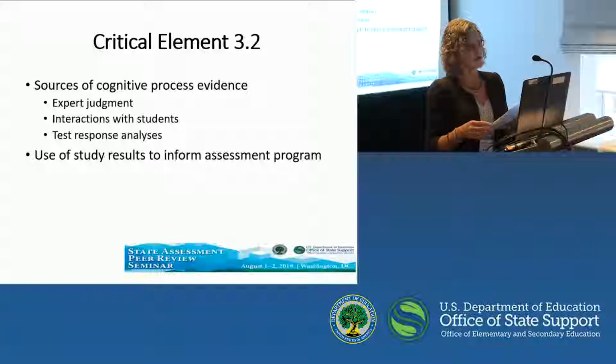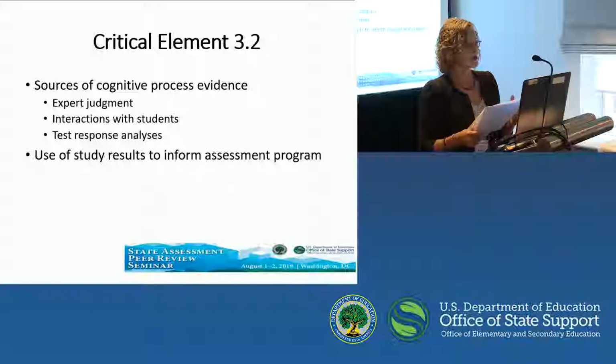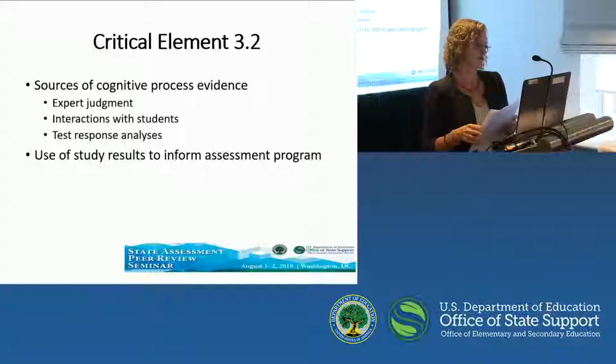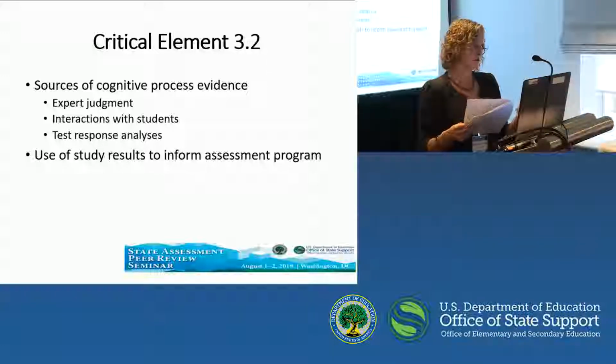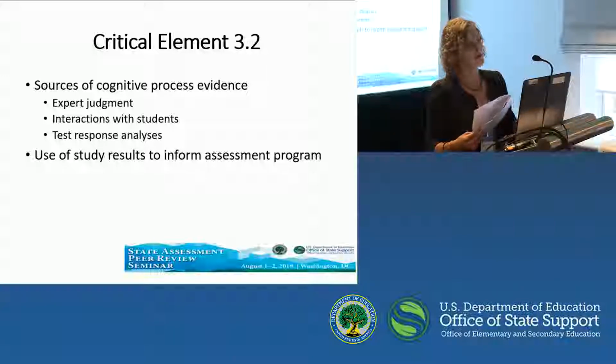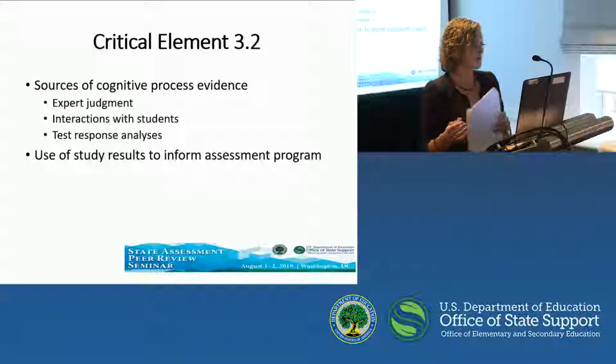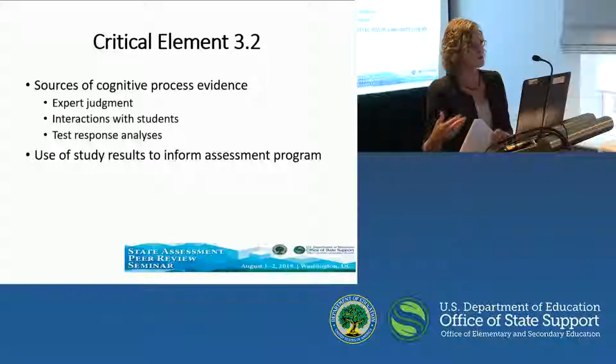And the third type of evidence that is useful for cognitive processes is to look at the relationships between the responses to some items and other variables that are useful for comparing, for example, a student's ability to think mathematically. Are the teacher reports saying the same thing?